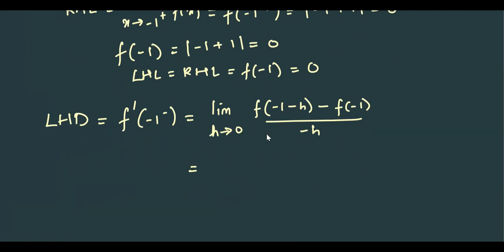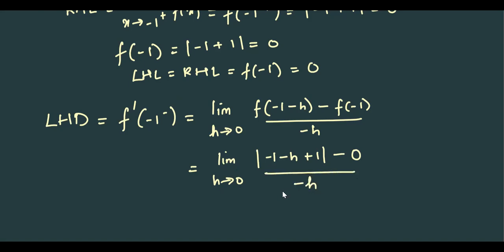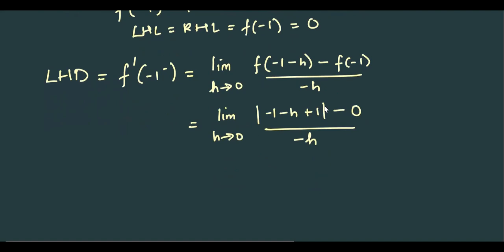Now this is modulus of x plus 1. So this will be limit h tending to 0, modulus of -1 minus h plus 1 minus f of -1, which is 0, by minus h. So we get limit h tending to 0, modulus of minus h by minus h.